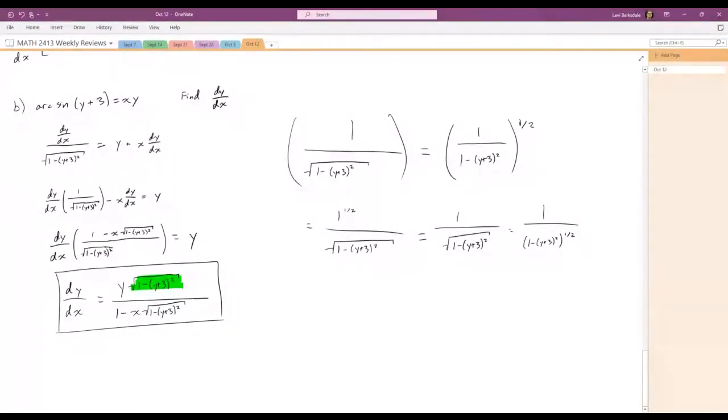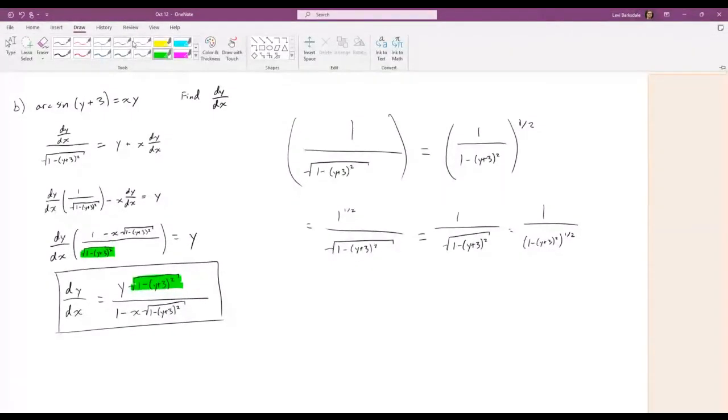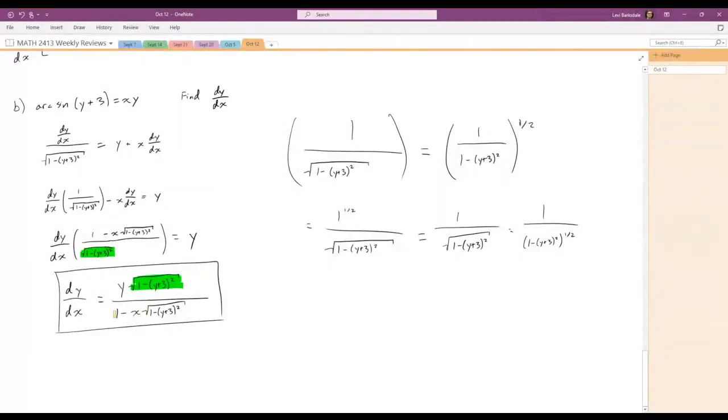This part came from the denominator right here, and then the denominator right here came from the numerator right here. So yeah, I guess that is the shortcut. I always think about it in terms of multiplying by the denominator and then dividing by the numerator, just because that's how my brain works. You can also think of it in terms of your shortcut if you want, but yes, exactly right.